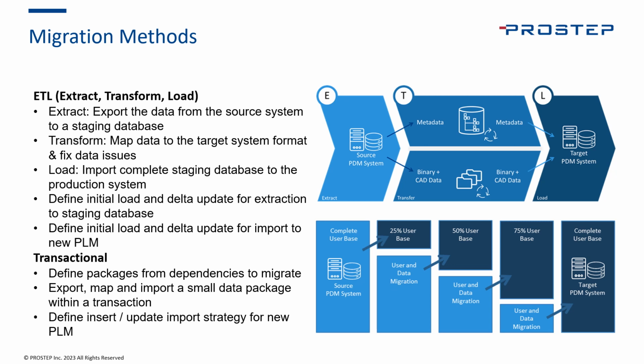And the idea behind a transactional is that you can use both systems at the same time in order to stabilize the new system, but then also to not move all the users all at once.